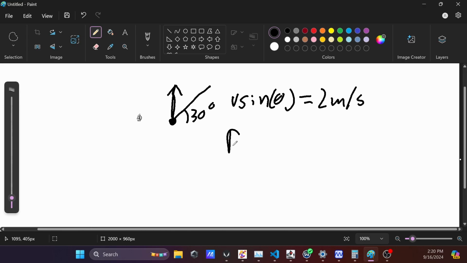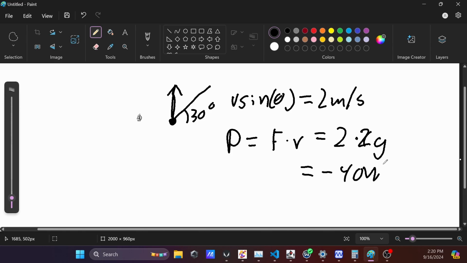Then P is equal to F times v, which is 2 times g times 4 sine 30. That's going to give you about negative 40 watts, and that is answer choice C.